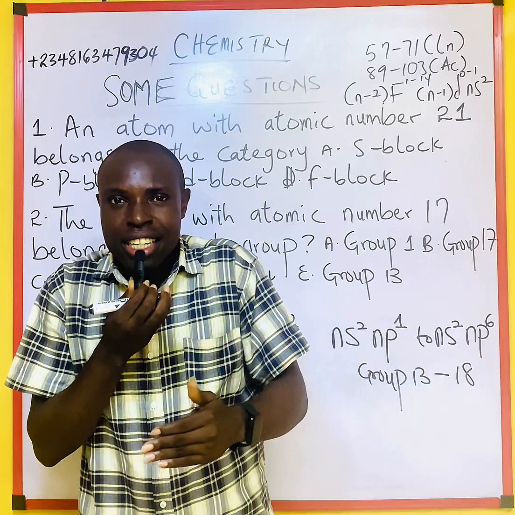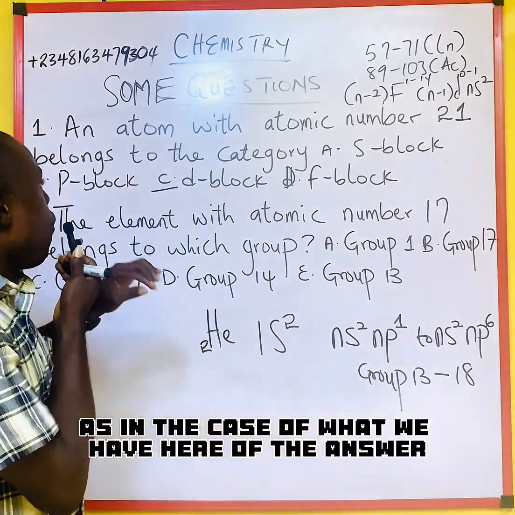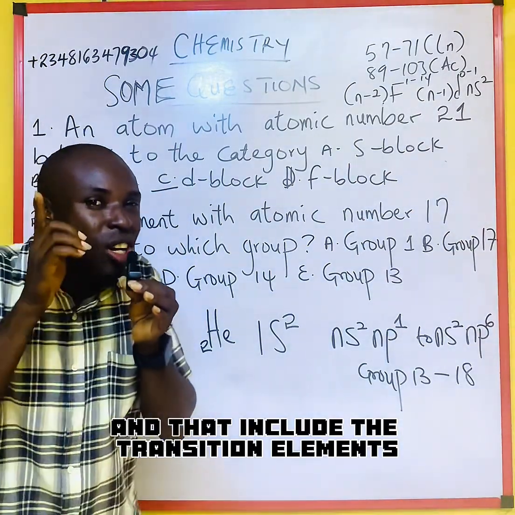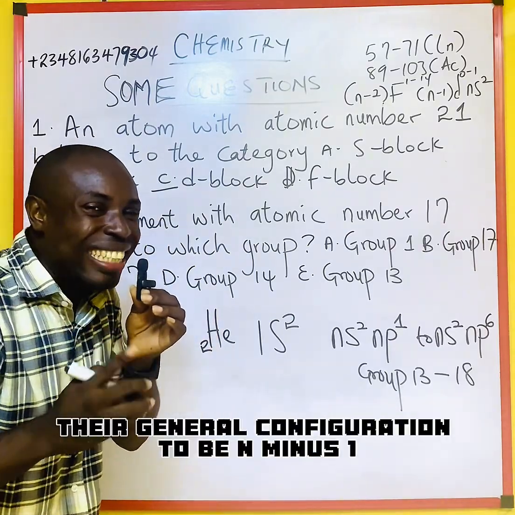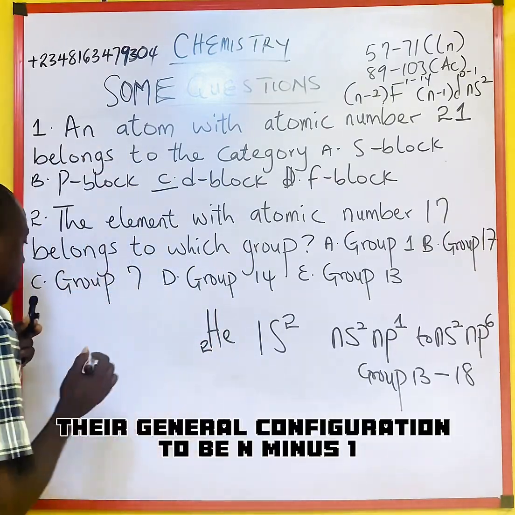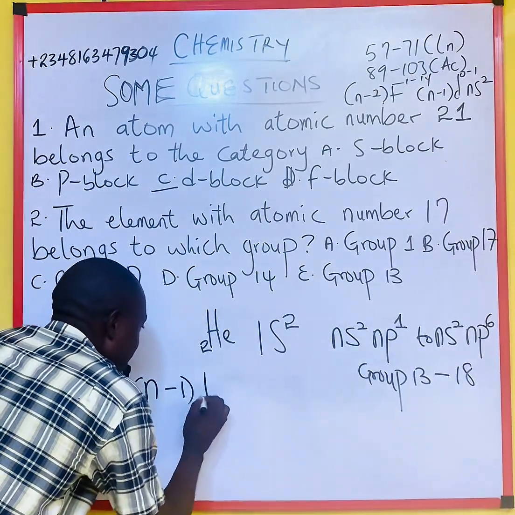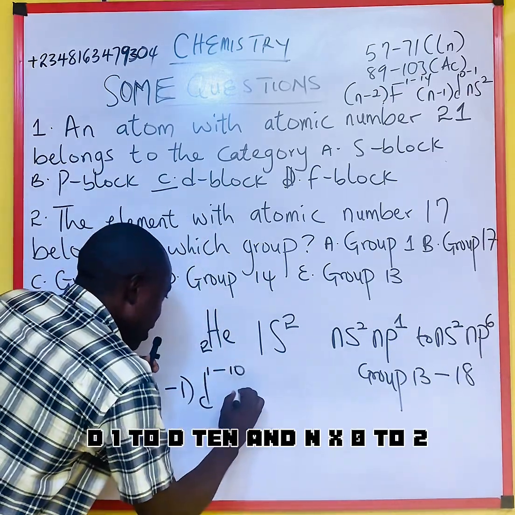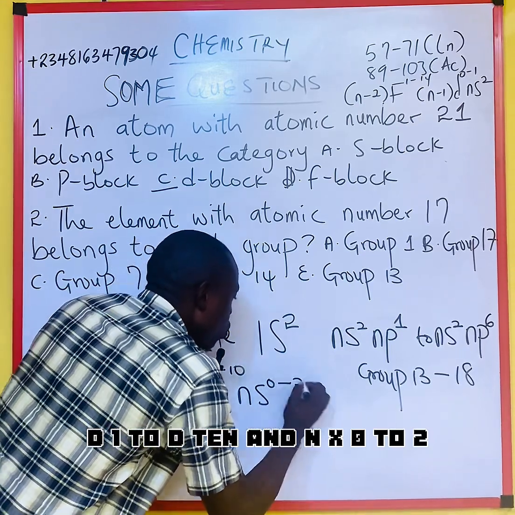Now, how do I know a d block element? When the electron falls under the d orbital, it is regarded as a d block element, as in the case of what we have here as the answer. That includes the transition elements, whose general configuration is (n-1)d1 to d10, ns0 to 2.